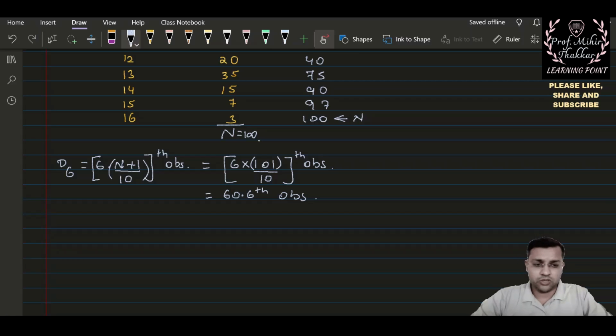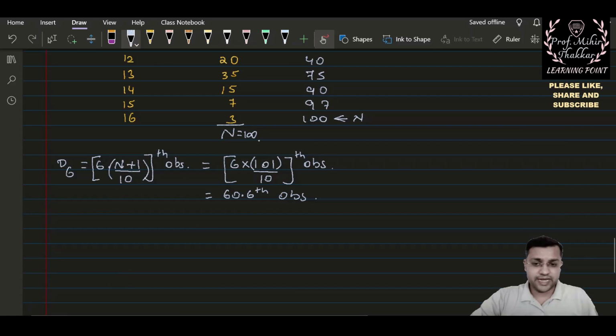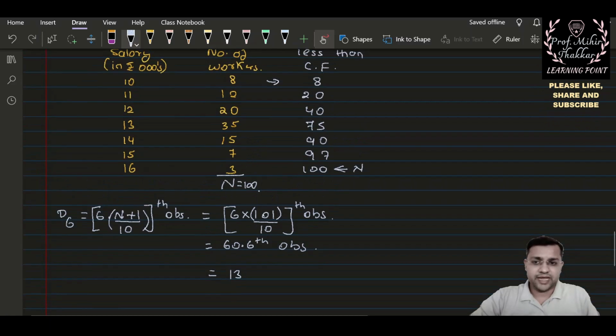Because you are working with discrete data, you do not need to split this 60.6 like we did in the raw data example. You just have to search for the cumulative frequency just after 60.6, which is 75. So the corresponding value is 13.